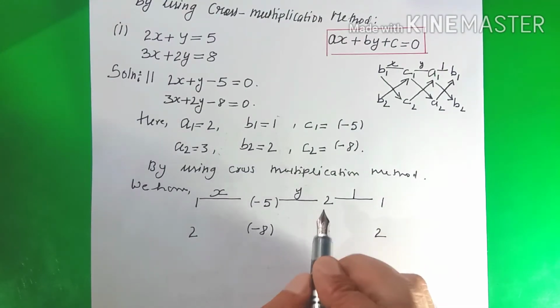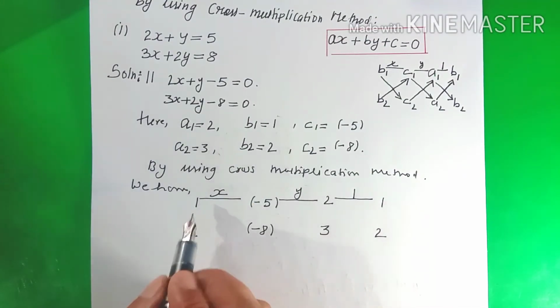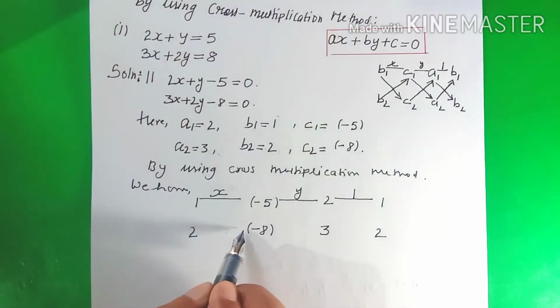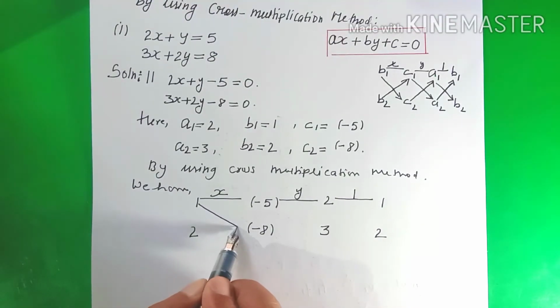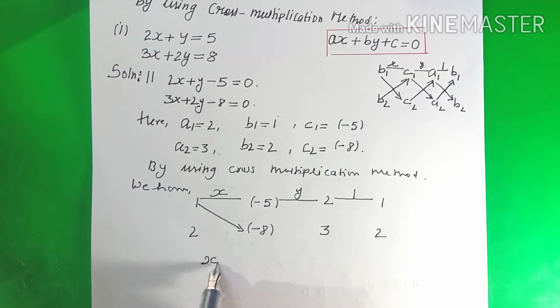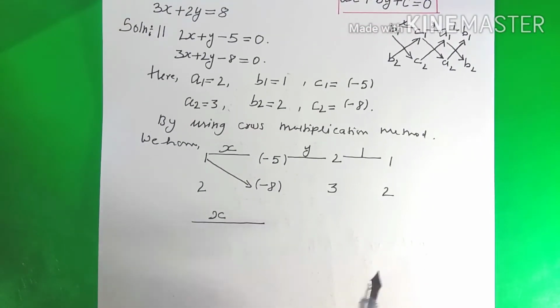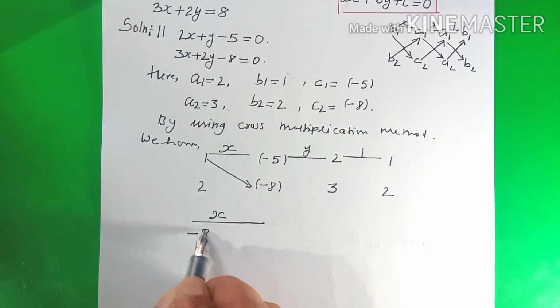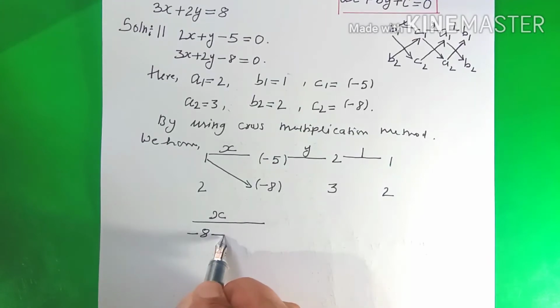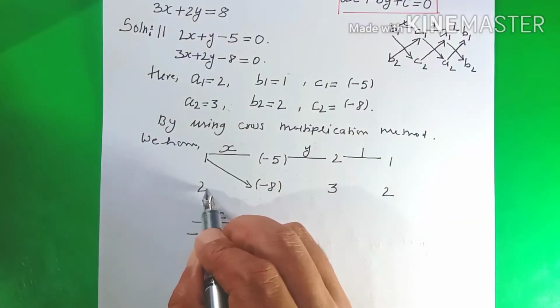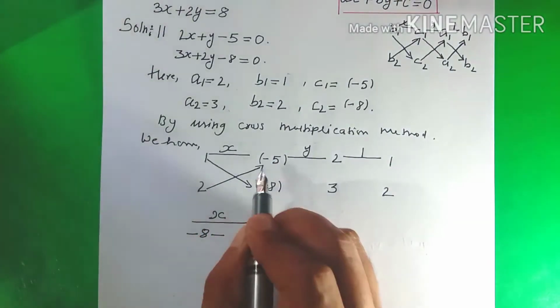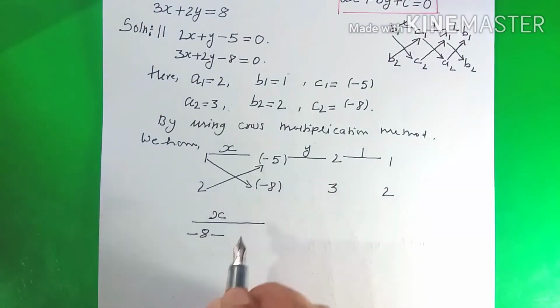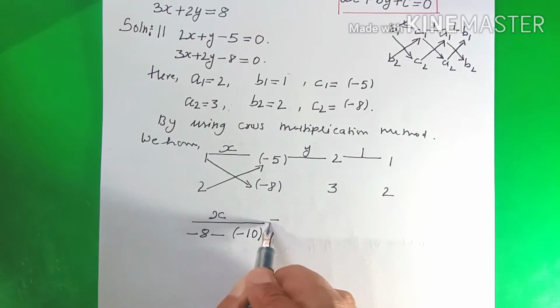Now the method itself is cross multiplication. First you multiply these two values, 1 and 8. So x divided by 1 into 8, which is 8, followed by always minus. After that multiply these two values along with the sign: 5 twos are 10, but it has a negative sign, followed by equal.